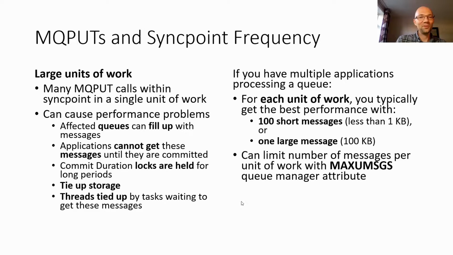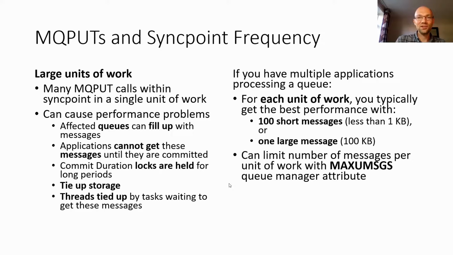It's about sync point frequency, so how often you call commit essentially from the applications, and how many operations, puts and gets, you have within those transactions. So when you perform an action, putting or getting a message within a transaction, then that means that you have some locking. We haven't looked at the lock manager. That is the part of the queue manager that has to deal with locking.